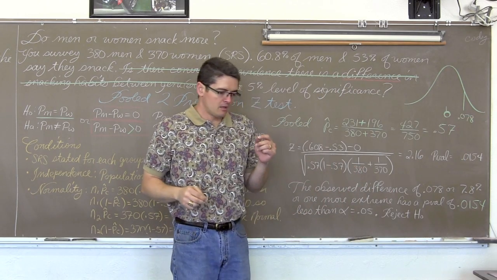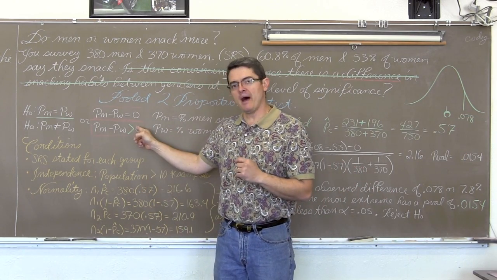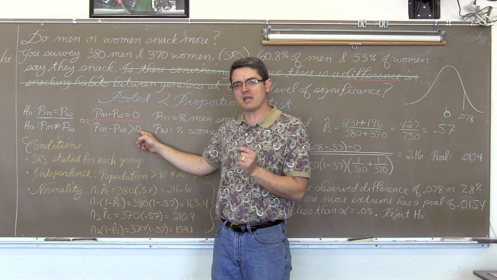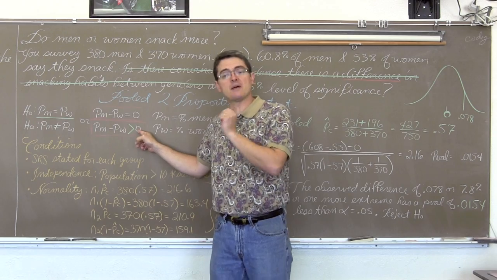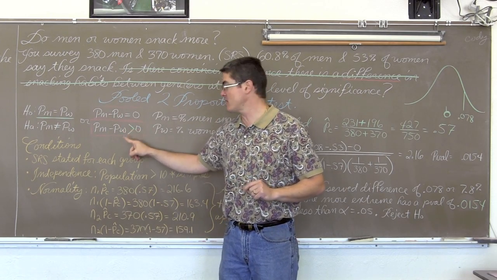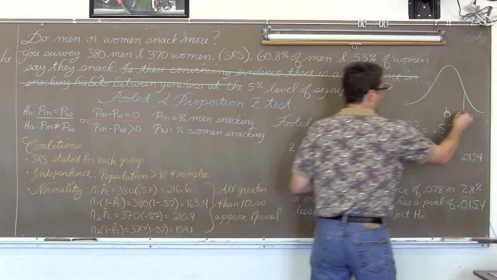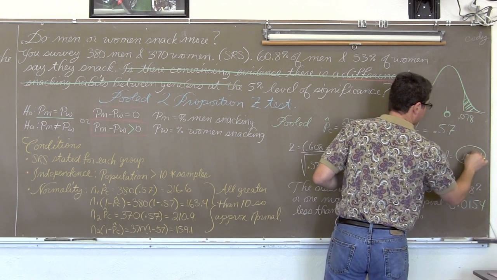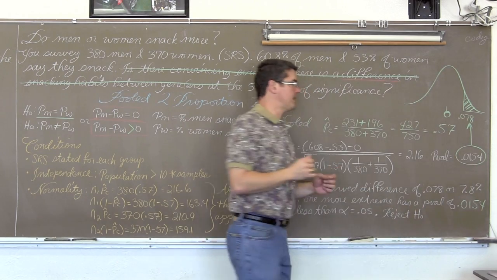And I'm expecting a positive difference. If I make sure that my subtractions stay in that same order, I should be expecting a positive difference, and this inequality tells me what direction to shade. I'm going to shade to the right. So this upper tail area of 0.0154 comes from that upper tail.